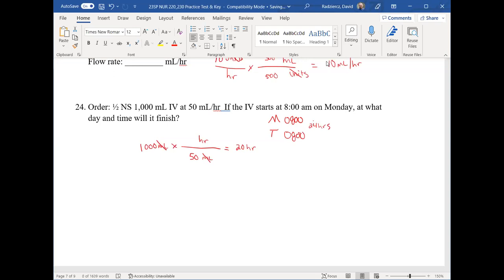So I just take the difference. I take away 4 hours. So my answer should be Tuesday at 0400, or 4 a.m. There are a couple of different ways to answer this question, but that's how I would set that up.